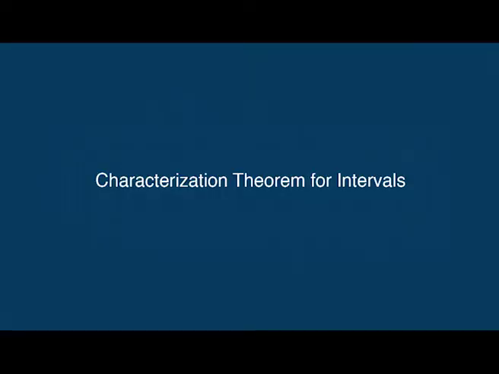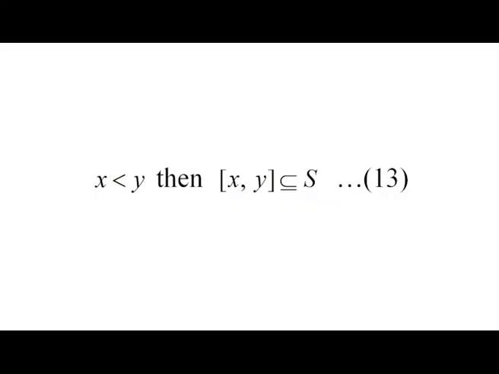Characterization theorem for intervals: if S is a subset of R that contains at least two points and has the property that if x, y belong to S with x less than y, then [x, y] is a subset of S, equation number 13, then S is an interval.